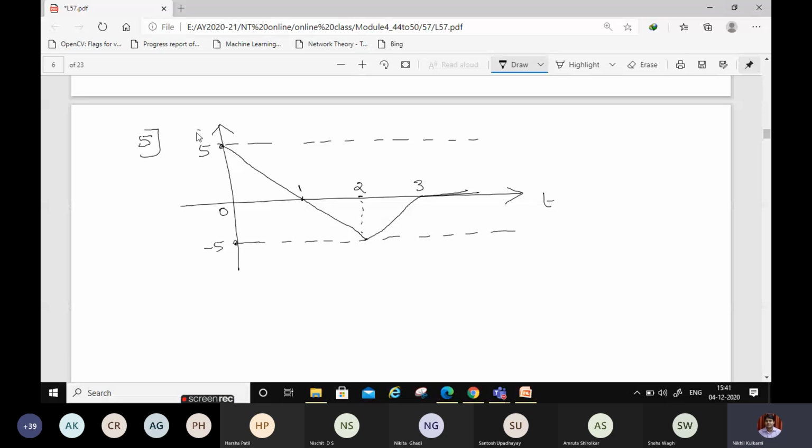This one, if I mark it as a to b, it is a downward ramp.